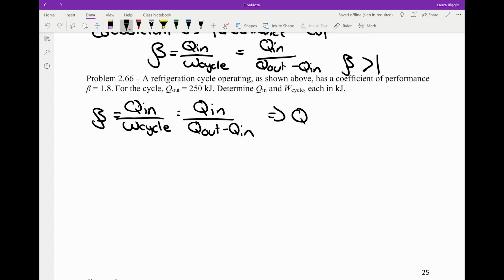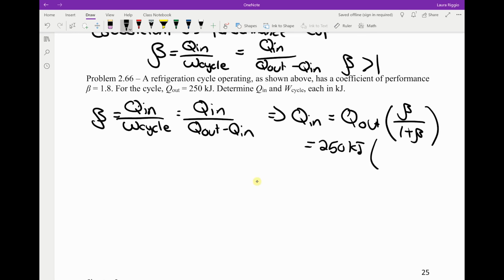So if I solve that for Q in, Q in is equal to Q out times beta over 1 plus beta, which is equal to 250 kilojoules times 1.8 over 1 plus 1.8.